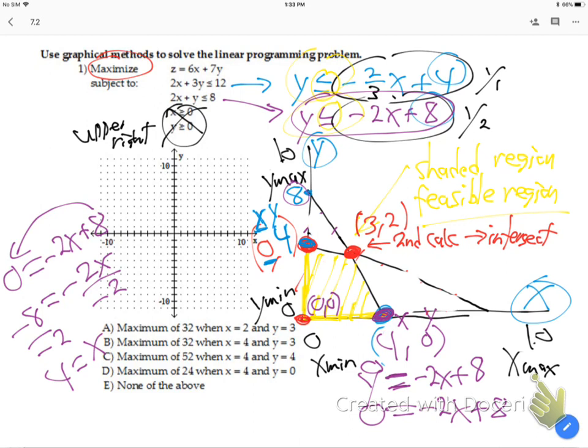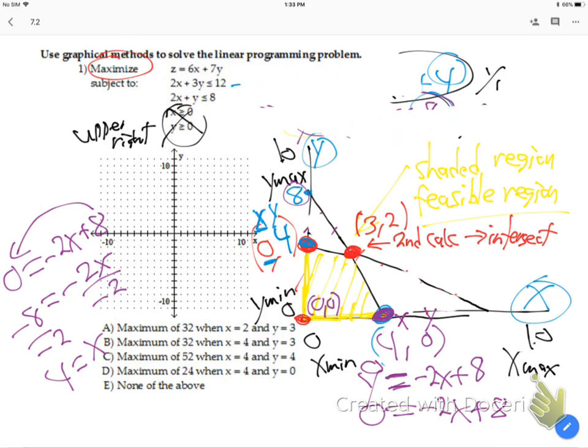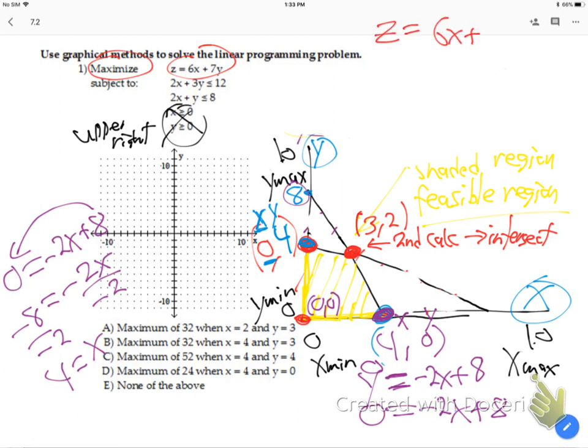Now that we have those corners, let me clear some space up here. We just plug them in. 4 corners. And really the 0, 0, no way it's going to be the answer. You can really skip that one if you want. So here we go. I'm going to plug into this thing. Z equals, can I move that up? Yeah, let me go even higher there. Z equals 6x plus 7y.